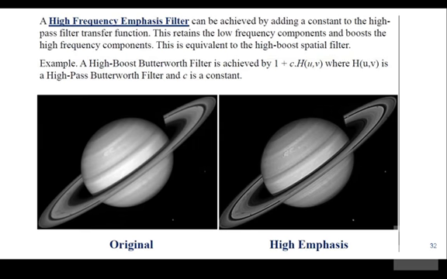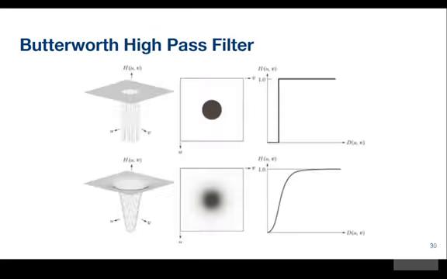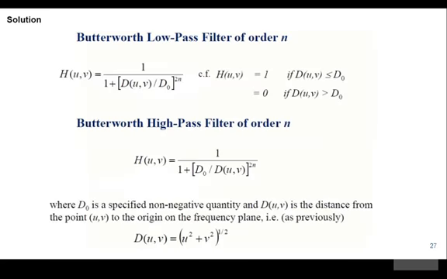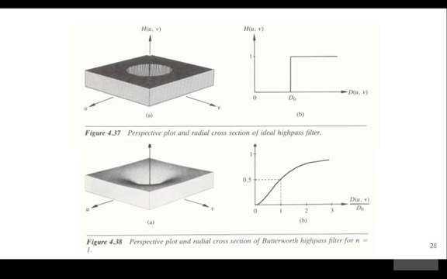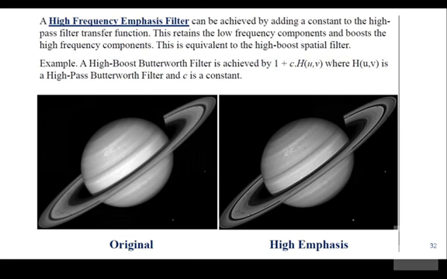The other thing we can do is emphasize the higher frequencies, and we can do that just by introducing this constant C to the filter. So again, remember that expression for our filter. We would just multiply it by some constant. Okay, and then you can have a go at this in the assignment.